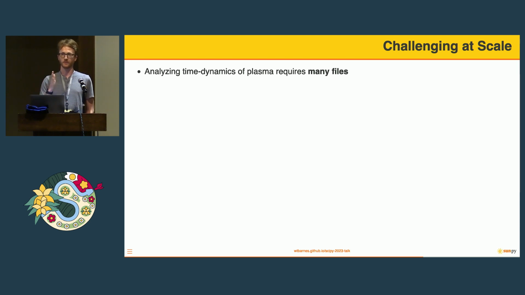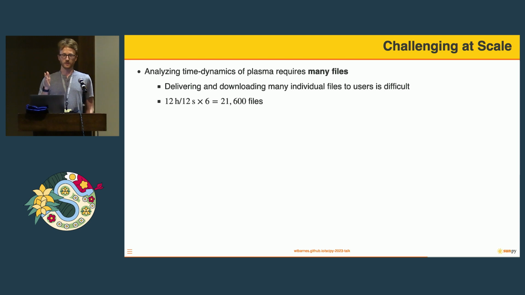Typically, the way these files are delivered by data providers is that you get one file per time step per wavelength, which means if you're trying to look at 12 hours of data at a 12-second cadence for 6 different wavelengths, to get the temperature coverage you need, you're looking at nearly 22,000 individual files. For anyone who's tried to deal with large file sizes, especially downloading those, this is a problem.